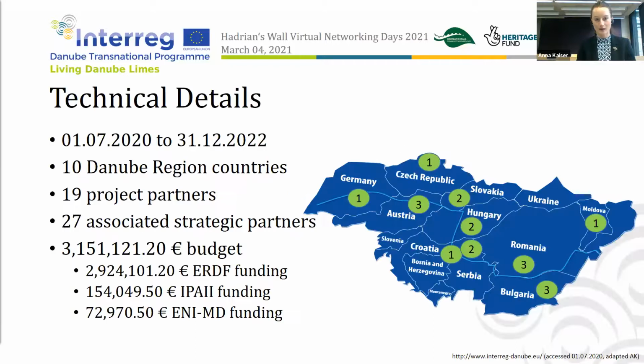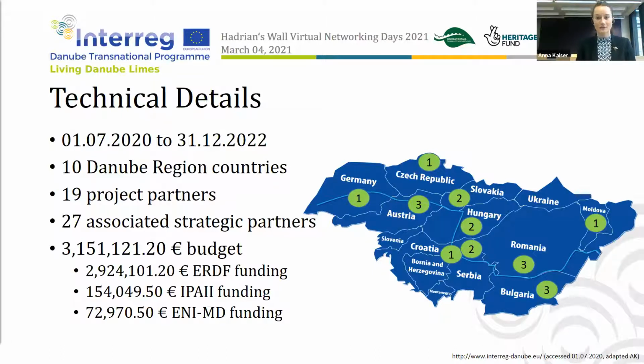So into our project now, a few technical details, but keeping it very brief. The project runs for 2.5 years until the end of 2022. We have 10 Danube region countries as our project partners. And in these countries, we have 19 project partners and 27 associated strategic partners.